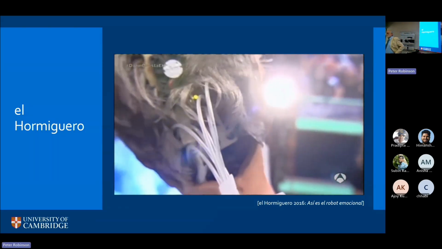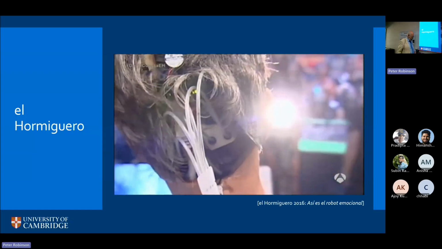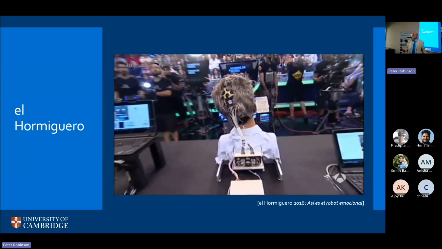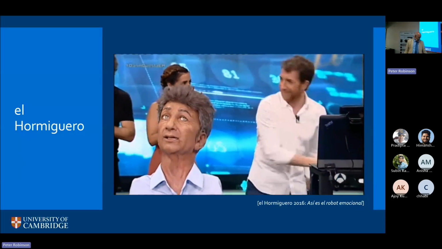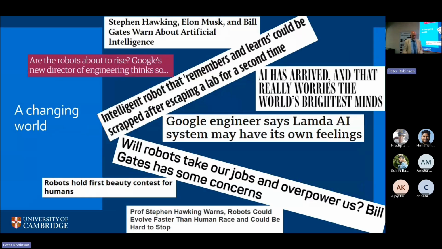So actually, maybe robots aren't such a good idea, but this had a funny side effect. It meant I became known as an expert on robots, and I'm not an expert on robots at all, but I would get calls from the press asking about the latest panic about robots becoming sentient, being about to take over the world. And we see lots of headlines like this.